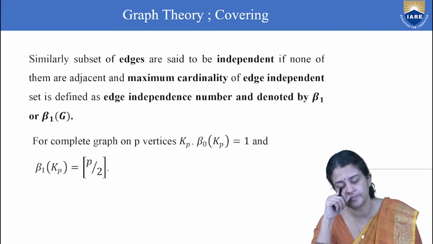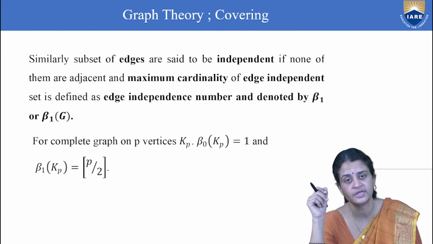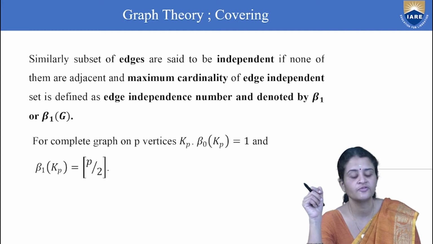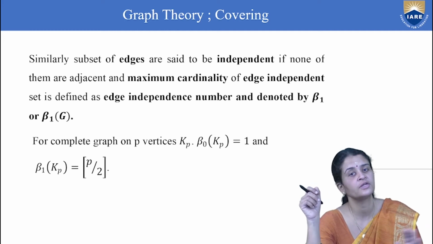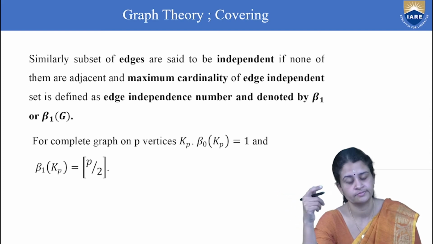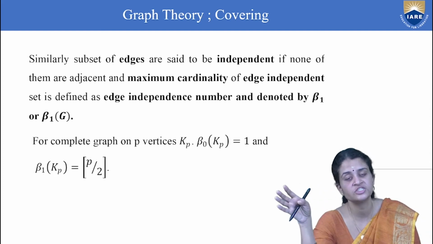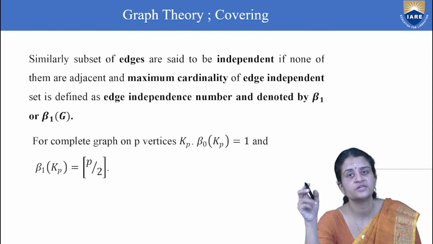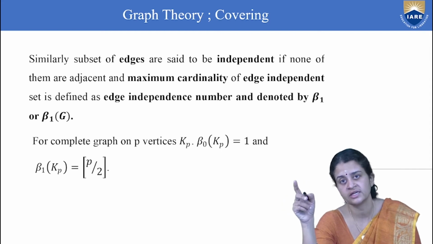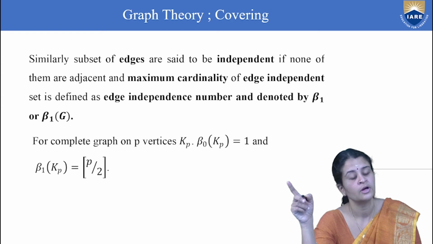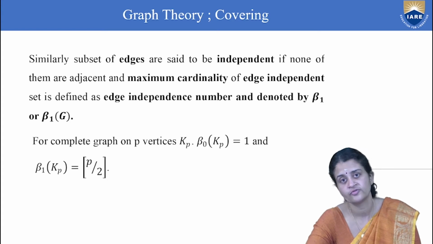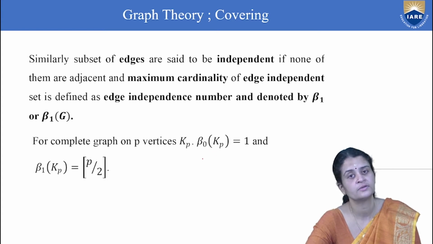Similarly, there is the edge independence number. A set of edges is said to be independent if none of them are adjacent, and the maximum cardinality of an edge independent set is defined as the edge independence number, denoted by beta 1 of G. For the complete graph, beta naught of Kp is 1.